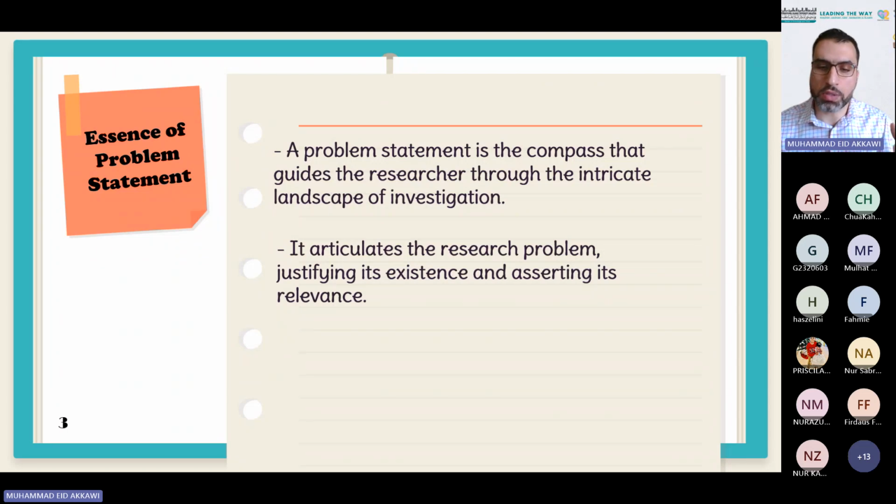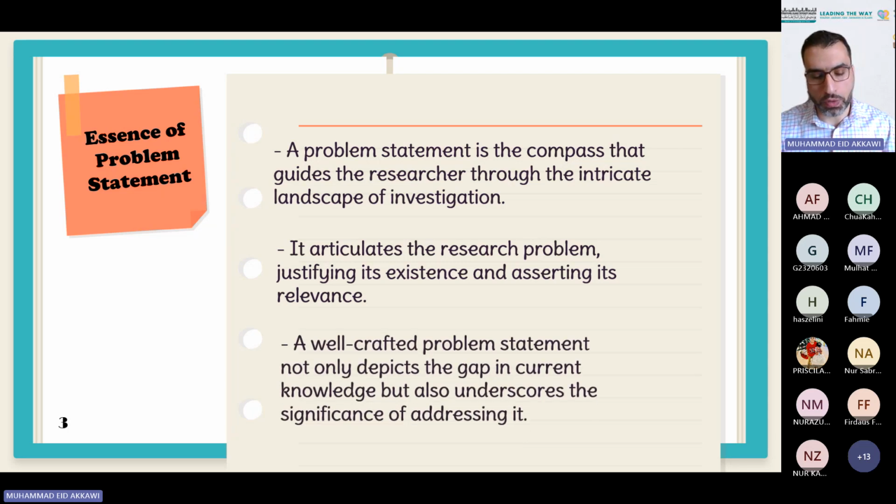So your problem statement should be aligned with the context, the background you give to your audience, to your readers. So in the problem statement, you will put the research problem and you will justify the research you are going to conduct.